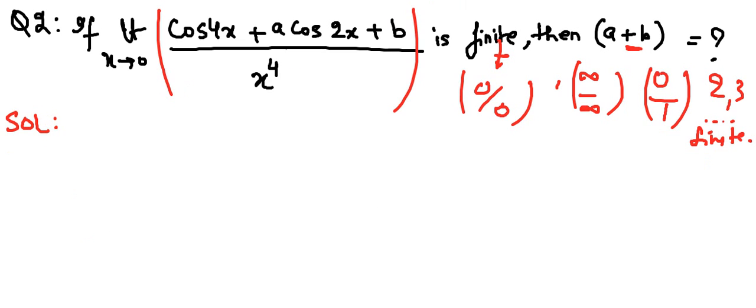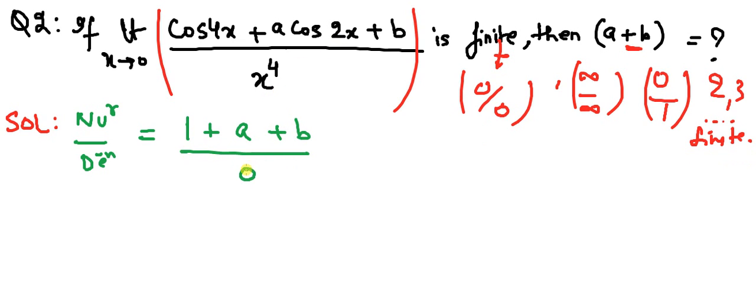It's very easy. First you put the value x equals to 0 in the whole question. You'll find numerator and denominator becoming cos 0, which is 1, plus a, plus b, whole to the power 0. Now the question says it should be finite.